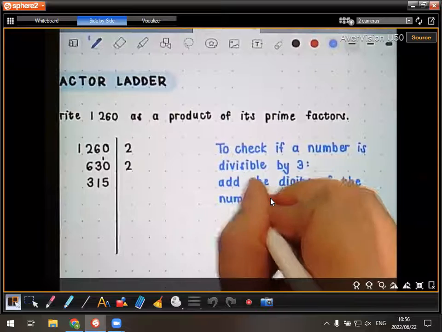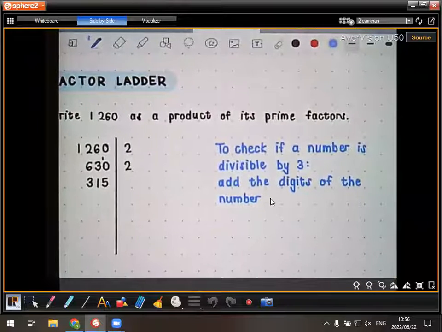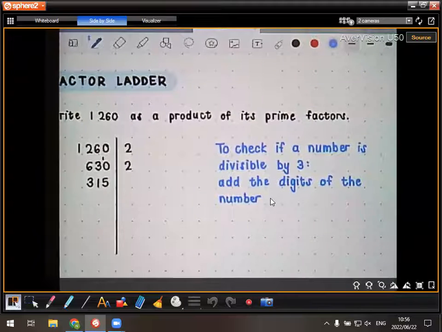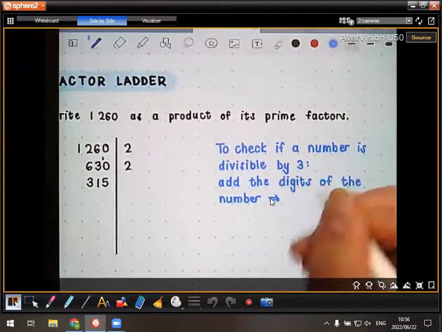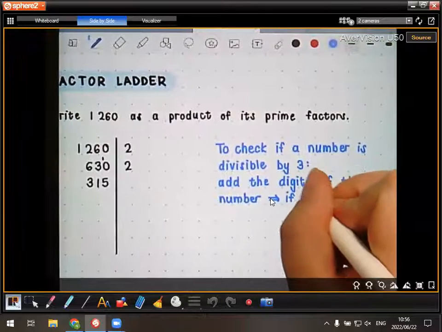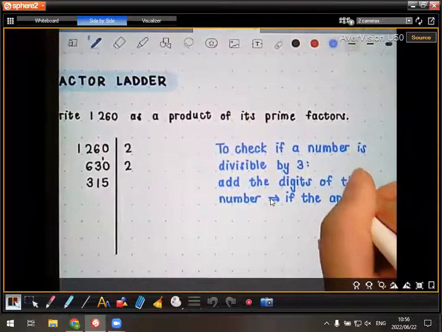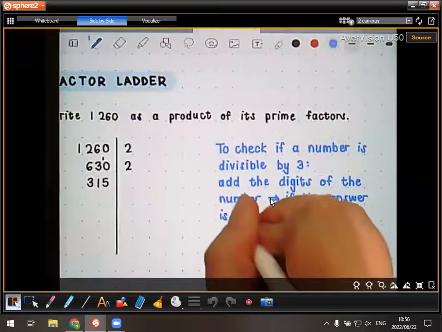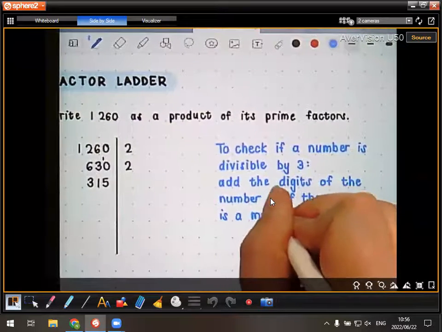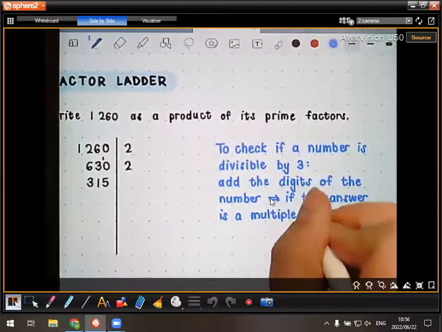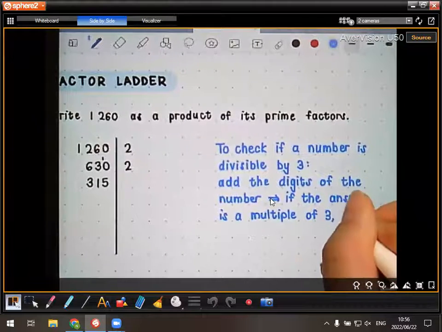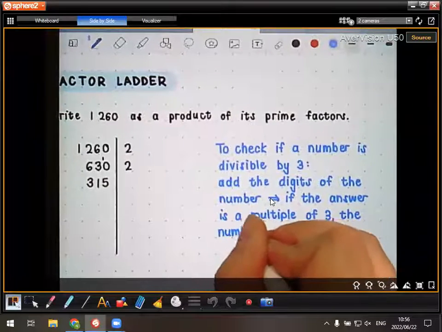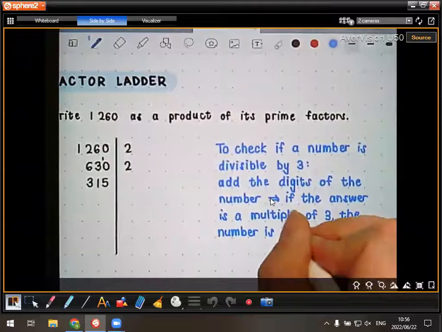So by digits, I mean like the separate numbers that make up that number, right? So in this case, what are the digits? 3 and 105. Okay, so you would add those digits together. Then, if the answer, the sum, basically, when you add those digits together, if the answer is a multiple of 3, the number is divisible by 3.